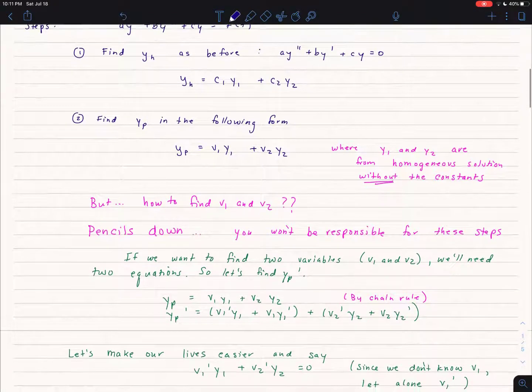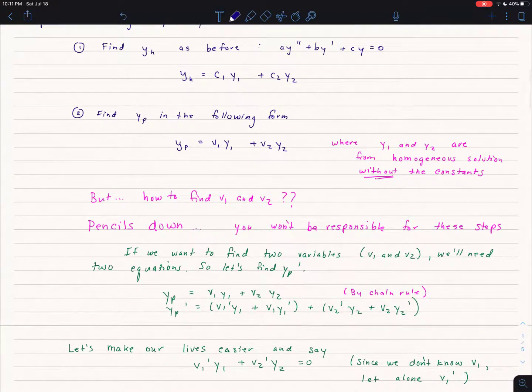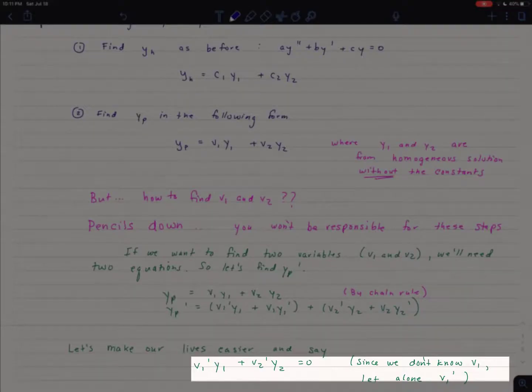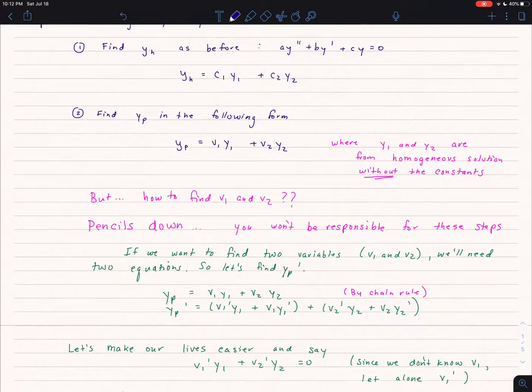So what I'm going to do is say, let's make our lives easier and say that v1 prime y1 plus v2 prime y2 equals 0. That gets rid of the v1 prime and the v2 prime. Those are the two new unknowns I don't want to find. So I'm going to make sure that whatever my solution is, this is going to be true.